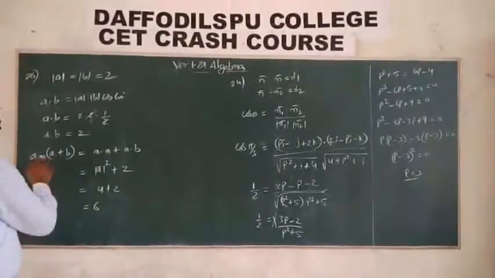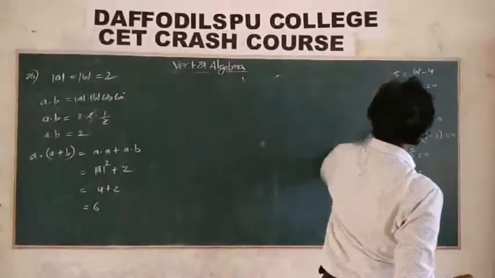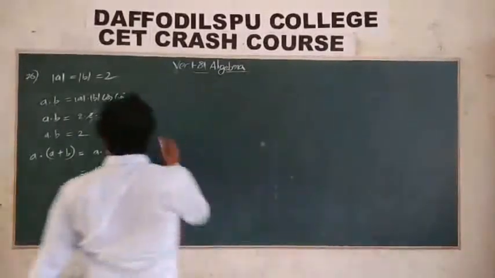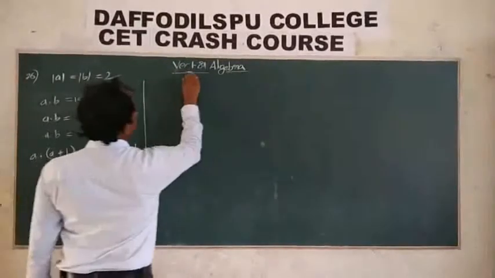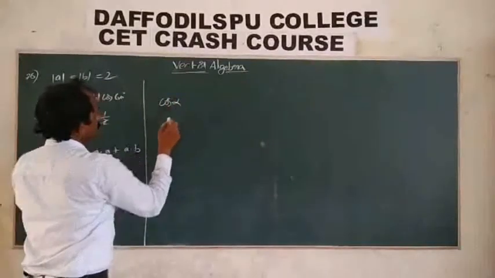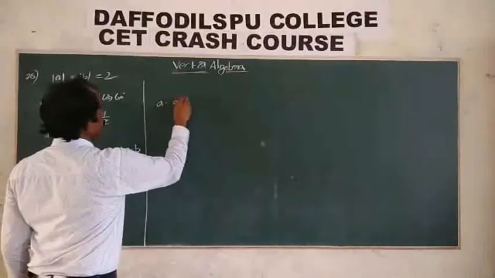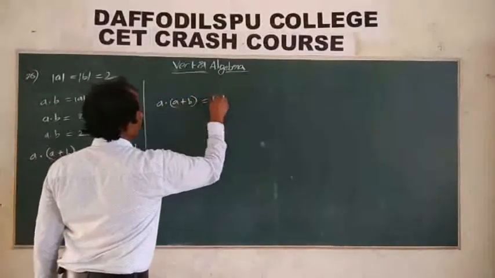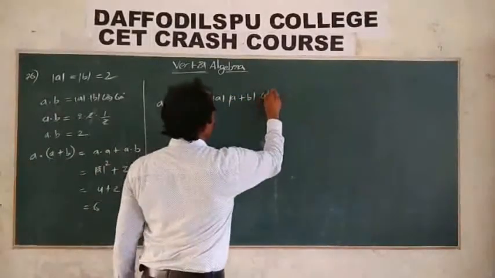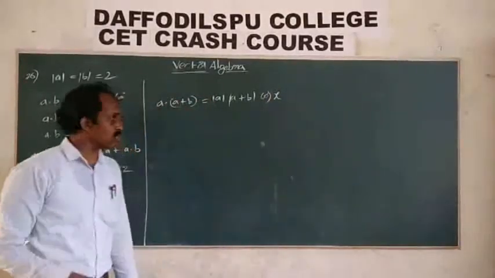This is A dot A plus B, which is equal to mod A times mod A plus B times cos x, where x is the angle between them.